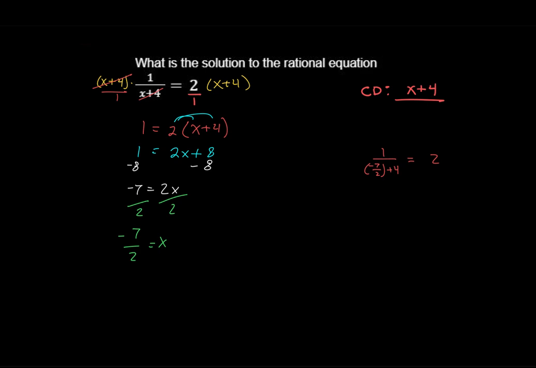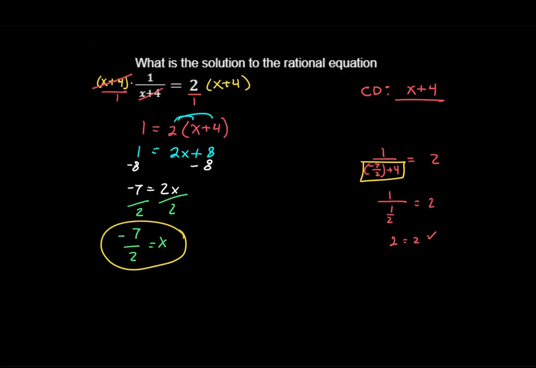In fact, it is 1 half. And just double checking, 1 over 1 half, keep change flip, we would end up with 2. So it does work out. But the main thing we want to check is that it doesn't make the denominator 0. If it makes the denominator 0, then it doesn't actually work in the original equation. So negative 7 halves should be it.